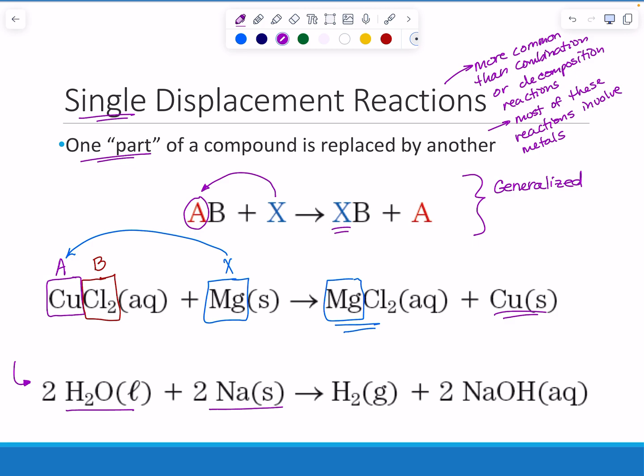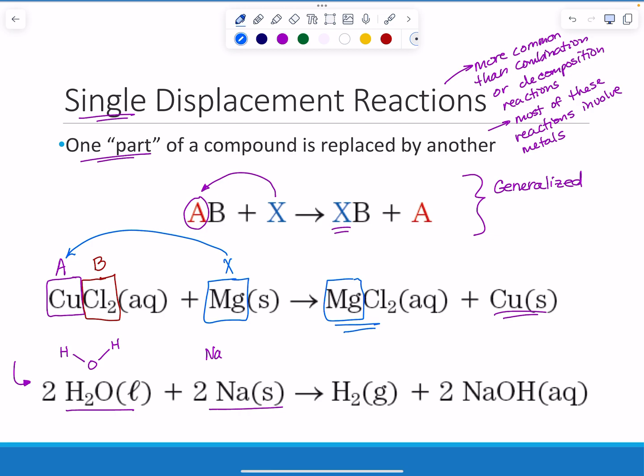And it turns out that this is a single displacement reaction. So if I write this not as H2O, but if I write it as HOH, and sodium, it might be easier to see how the displacement occurs, right?